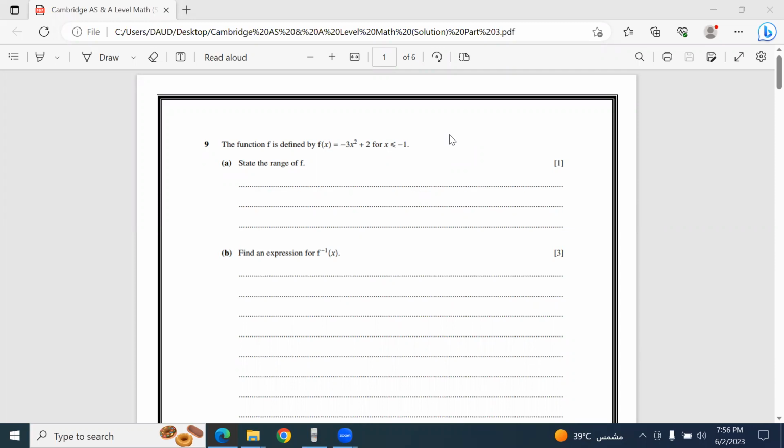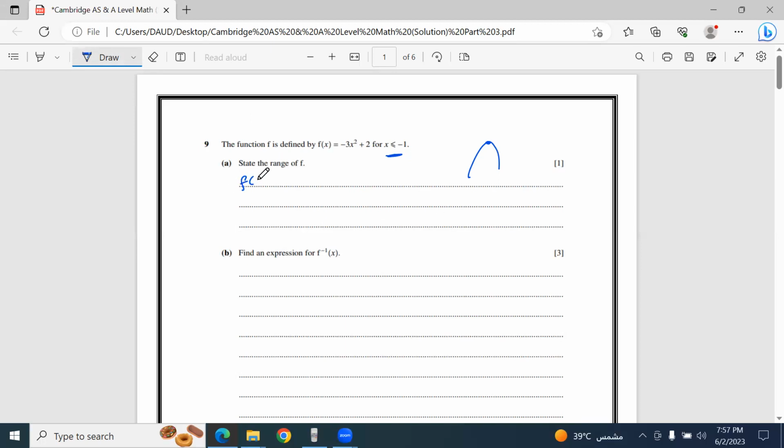Question number 9: the function f is defined by f of x equals minus 3x squared plus 2 for x less than or equal to minus 1. Remember that this curve is n-shaped. So if we find the maximum point, which is at x less than or equal to minus 1, that gives our range from maximum to minimum.